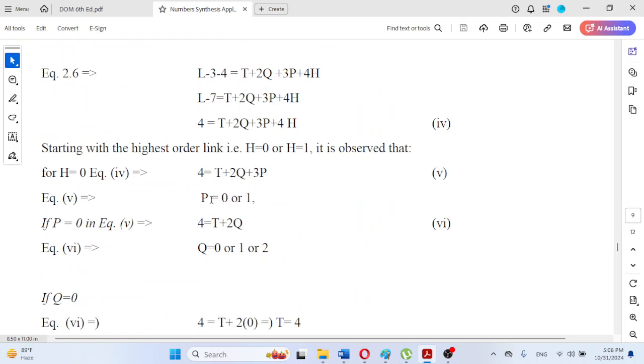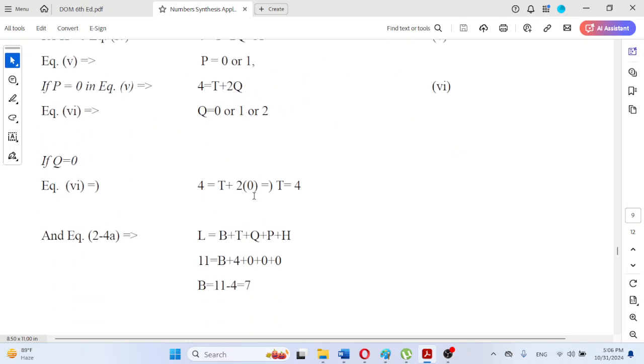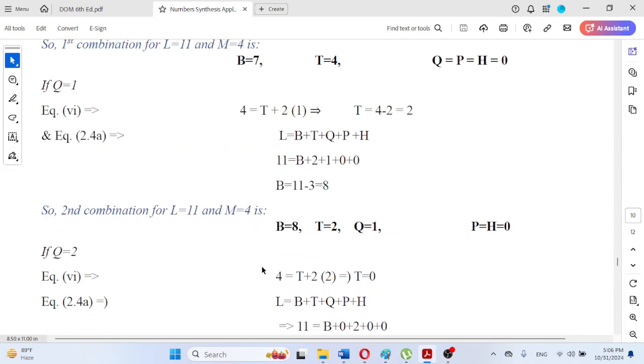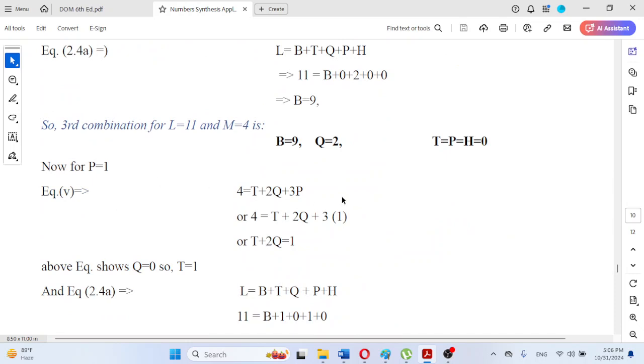So P equal to 0 has been tested for Q is equal to 0 or 1 or 2, and now the other value of P will be tested in this equation number 5. So for P is equal to 1, that equation number 5 gives us 4 is equal to T plus 2Q plus 3P, or 4 is equal to T plus 2Q plus 3, or T plus 2Q is equal to 1.